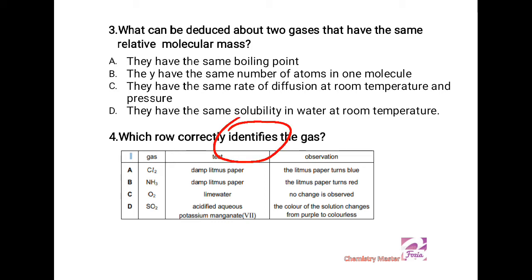The identification of a gas is a chemical test which proceeds with some newness, means maybe some color gas is produced, maybe bubbles are seen, maybe the color is changed, or maybe some solid is produced.